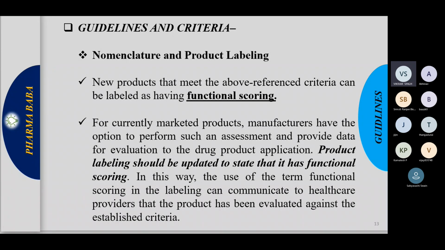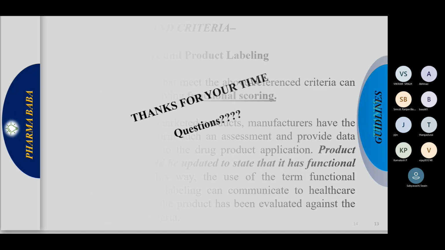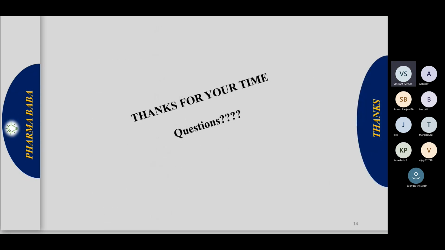By seeing the words functional scoring, the healthcare person can confidently say that this tablet can be split and you can take an equal half of the tablet if the dosing regimen requires. So the words functional scoring should be presented in the labeling. To use them, you should meet all the criteria mentioned in this guideline which we discussed. Hope it is clear. If any question, please ask.